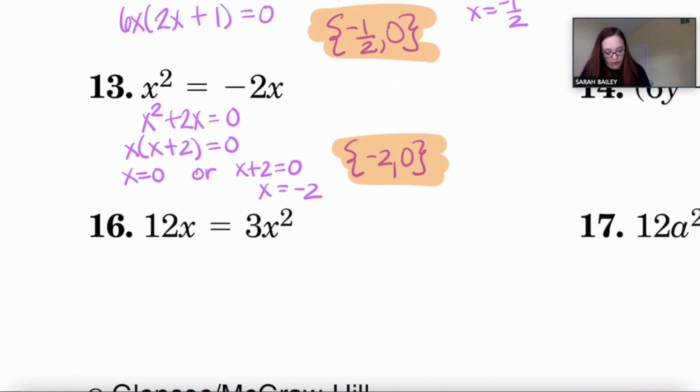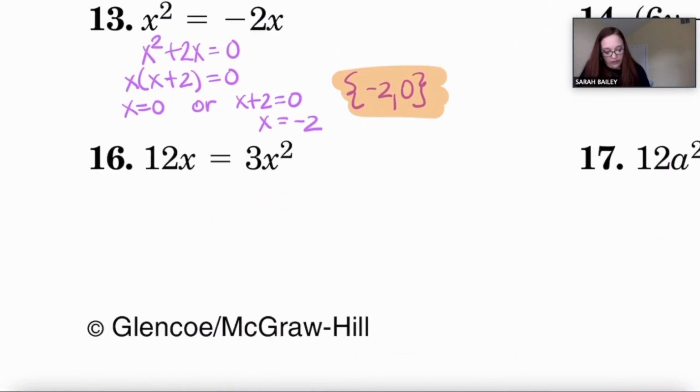Let's do one more. So for this one, 12x equals 3x squared. I'm going to, let's subtract the 3x squared. It doesn't matter. Okay. Now I can factor out a 3x. So that'd be 4 minus x equals 0.